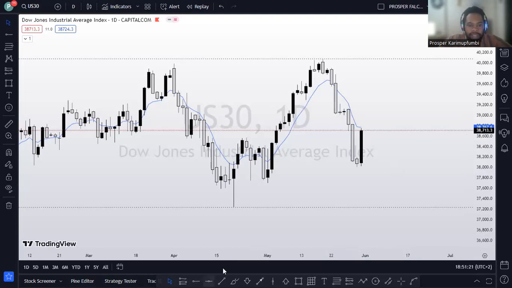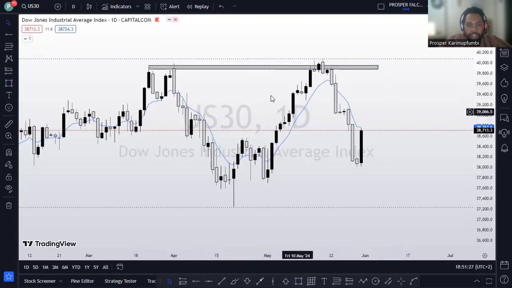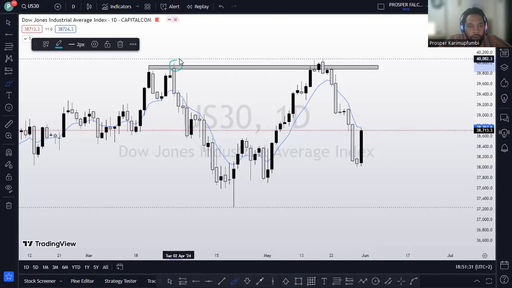If you look at this, this is the point where we notice US30 created an all-time high. Since the market has been pushing to the upside, we can also see that there was a rejection here for the market to proceed to the upside.